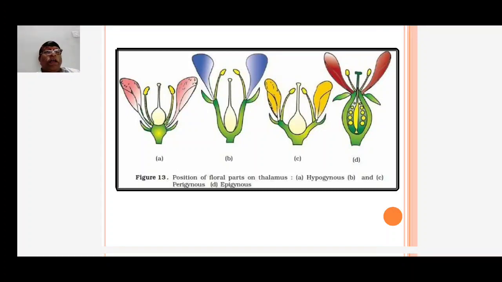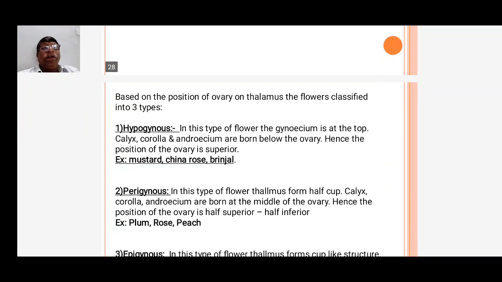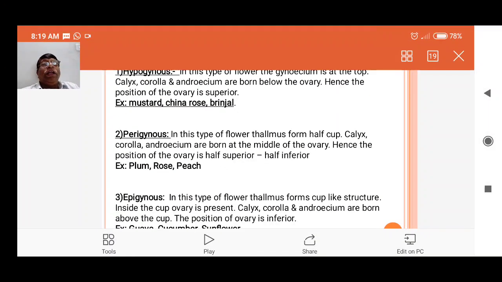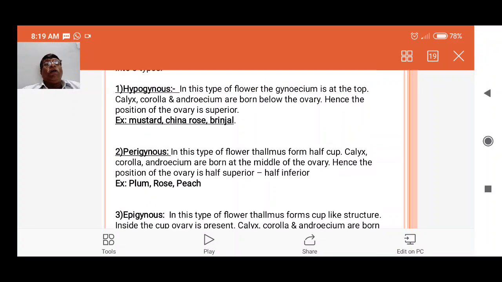Okay. Based on the position of the ovary and the thalamus, the flowers are classified into three types. Hypogynous flower, then perigynous flower, then epigynous flower.